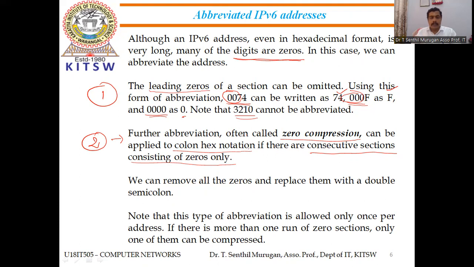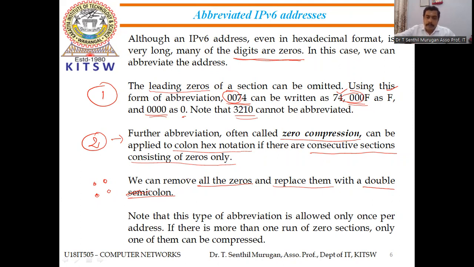Applied to colon hex notation, we can remove all the zeros and replace them with a double colon. Not semicolon, this is colon only. Okay. So if continuous zeros are there, we can remove all the zeros. So we just keep a double colon. Okay. So this is the next condition.